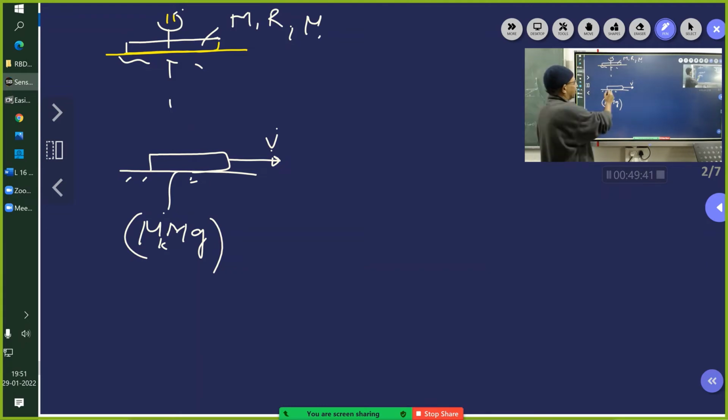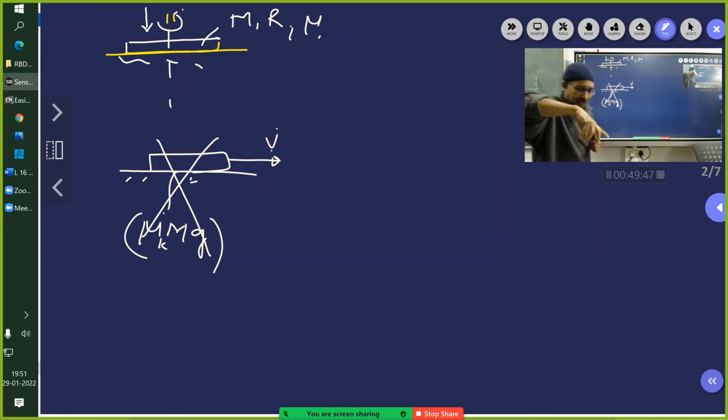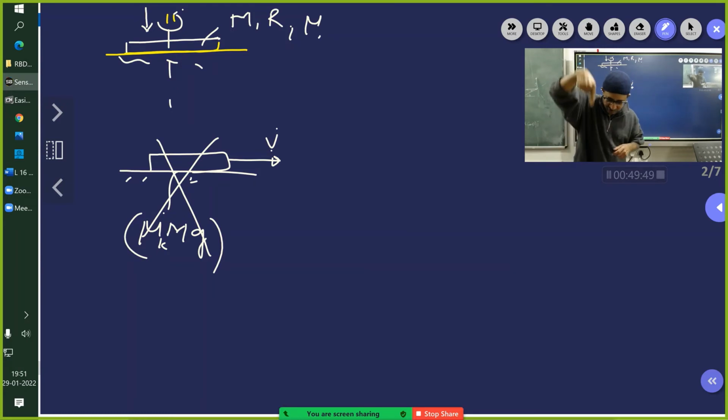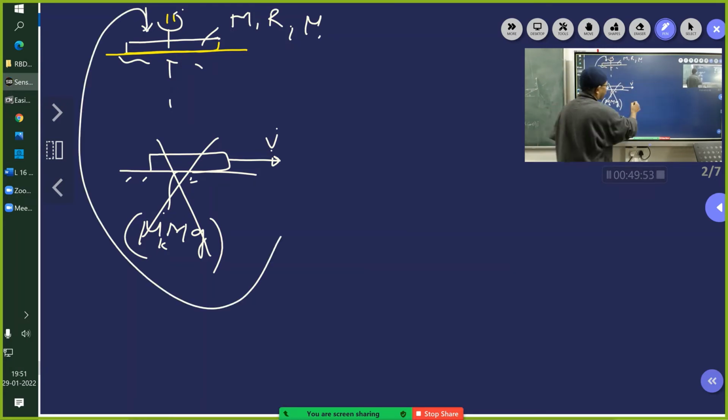So this is for the translation. Now consider the view from the top. If you see here, the disc is rotating with omega, and you are seeing it from the top view.